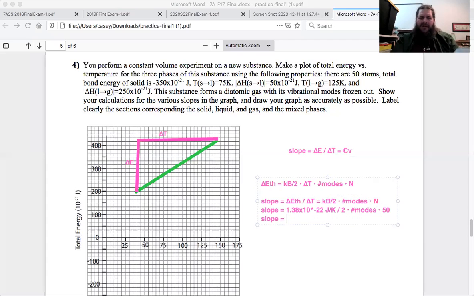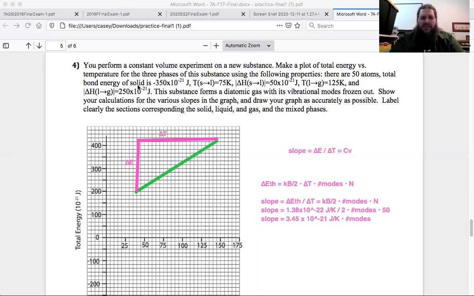So if we multiply that out, we get 1.38 times 10 to the negative 22 times 50 divided by 2, so that's just times 25. So that'll be 3.45 times 10 to the negative 21 times number of modes. And I'm leaving number of modes as a variable here because that's going to change.